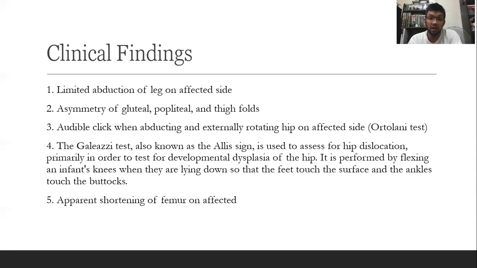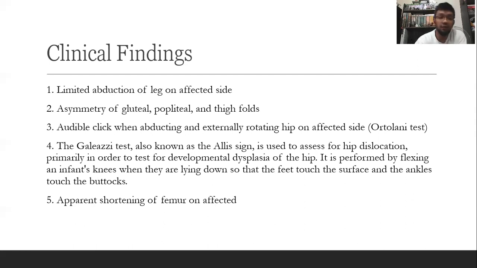Next would be the Galeazzi's test, also known as Alice sign. This is used to assess for hip dislocation. This is primarily done to test for DDH. It is performed by flexing the infant's knees when they are lying down so that the feet will touch the surface of the bed, for example, or of the examination table, and the ankles touch the buttocks.